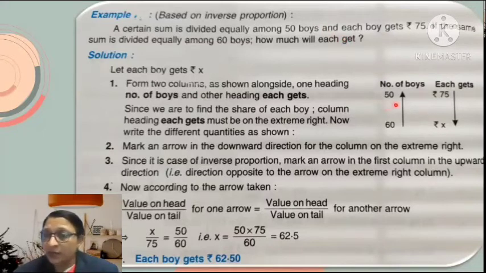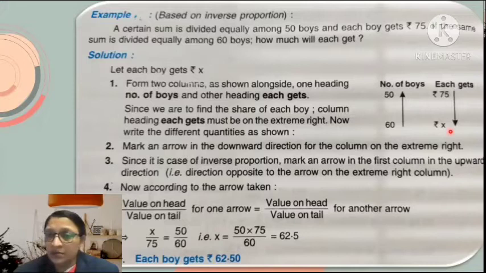So in the first column we will write 50 and here 75 rupees. Then the second quantity is given, 60 boys get how many rupees? So we have to write here 60 in the number of boys, and we considered the unknown quantity as X rupees.